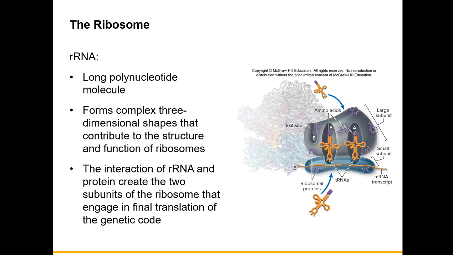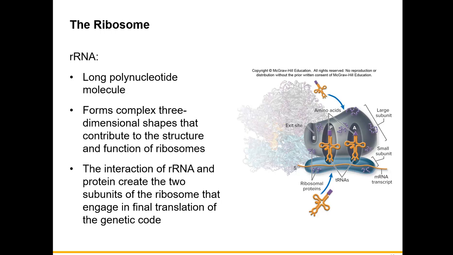The ribosomal RNA, or rRNA, is a large polynucleotide molecule that forms complex three-dimensional shapes that contribute to the structure and function of ribosomes. Prokaryotic and eukaryotic ribosomes look the same, just the prokaryotic ribosome is a 70S, whereas a eukaryotic is 80S.